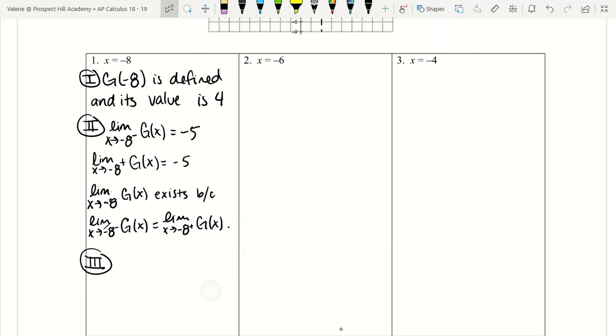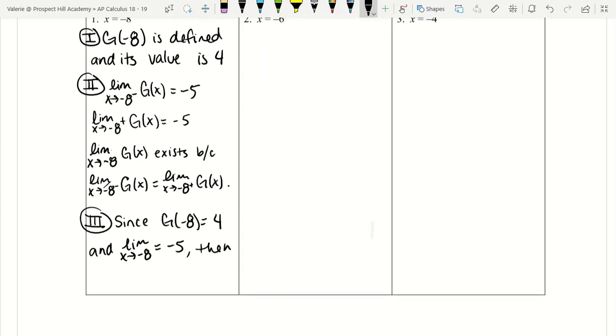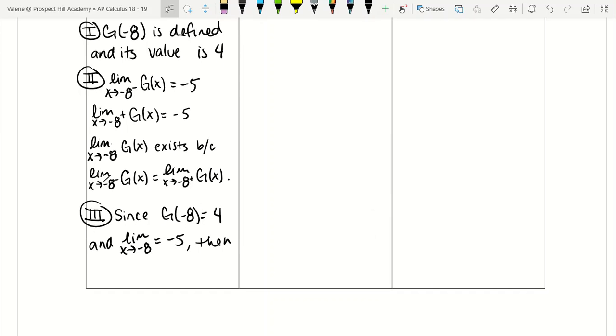So since g of -8 equals 4 and the limit as x approaches -8 equals -5, then g of -8 does not equal the limit as x approaches -8 of g of x.